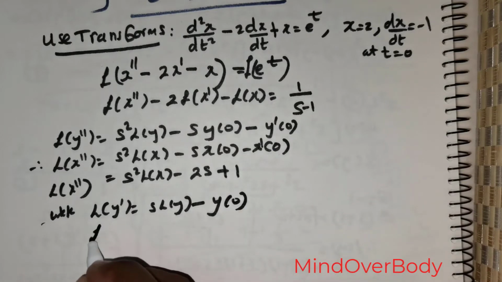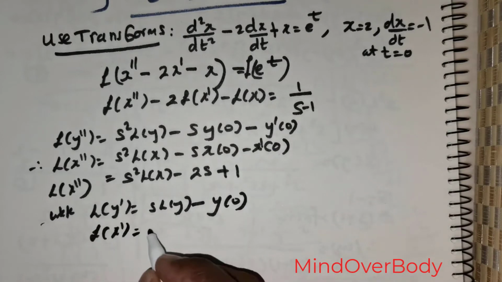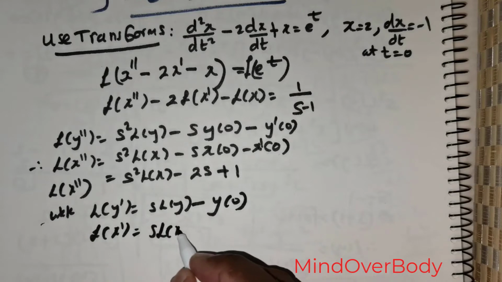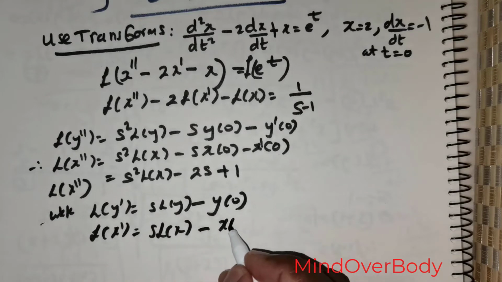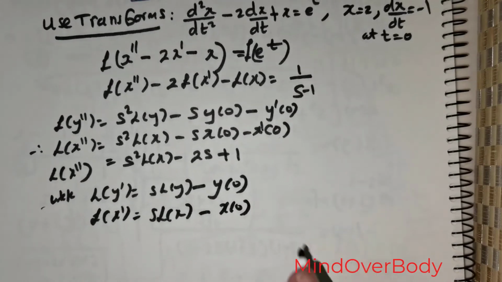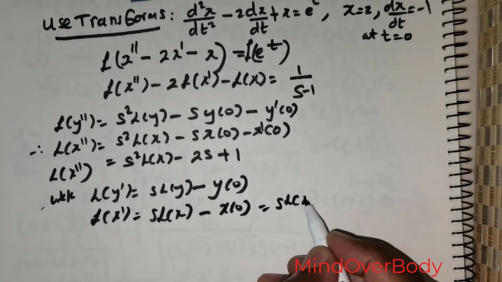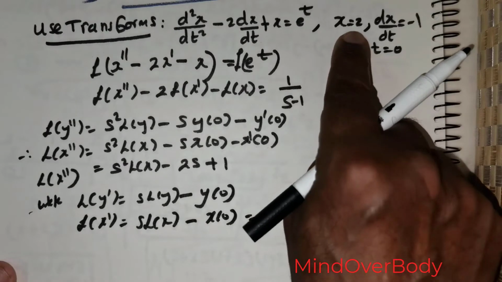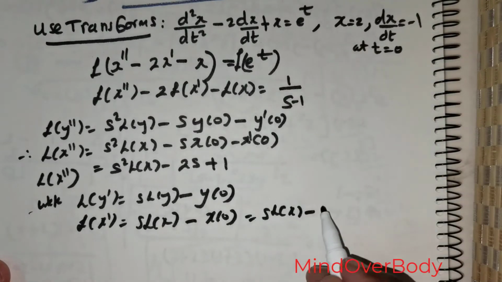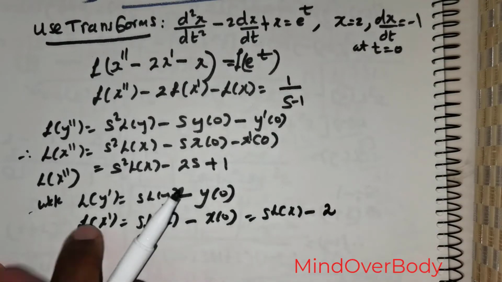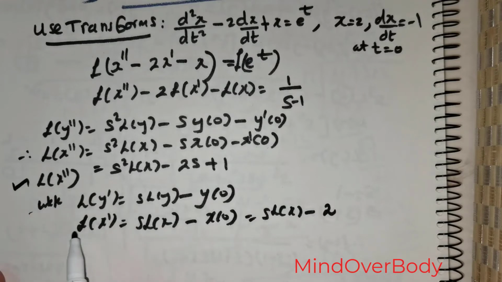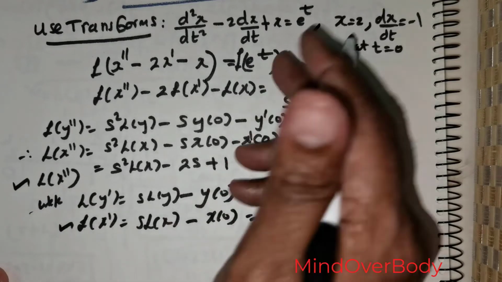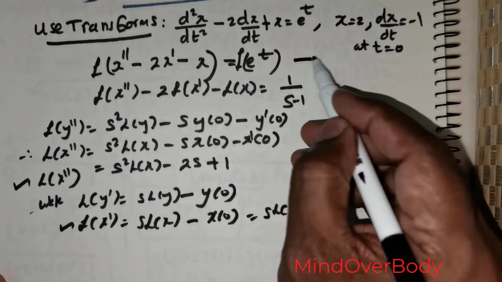So rewriting this for x dash, this is going to be S times L of x negative x of 0. Now this is equal to S times L of x of 0. X of 0 is equal to 2. So we need to substitute the 2. So we've got this, we have got for L of x dash. Now we need to substitute it in.